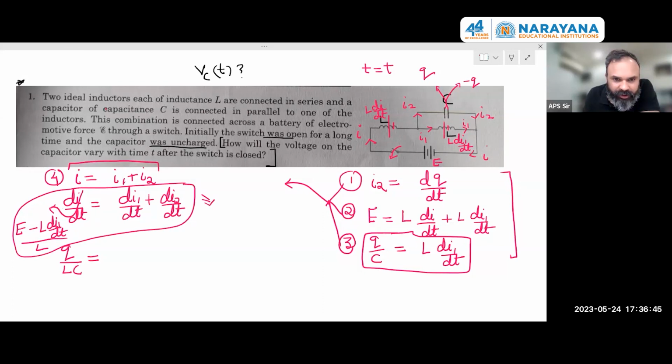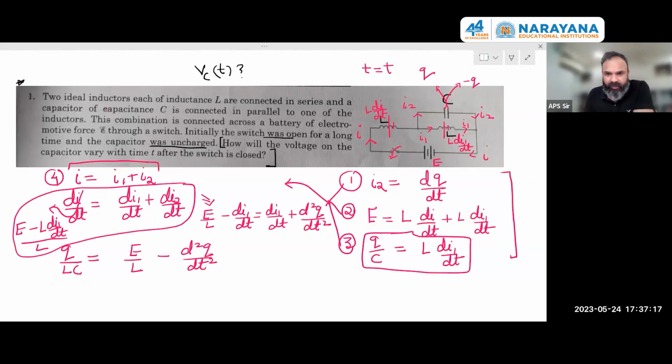What you are going to get from here is E by L minus di1 by dt is equal to di1 by dt plus di2 by dt, and that di2 by dt term is d2q by dt2, right? And now I'm saying Q by LC is di1 by dt, which is E by L minus d2q by dt2, divided by 2.